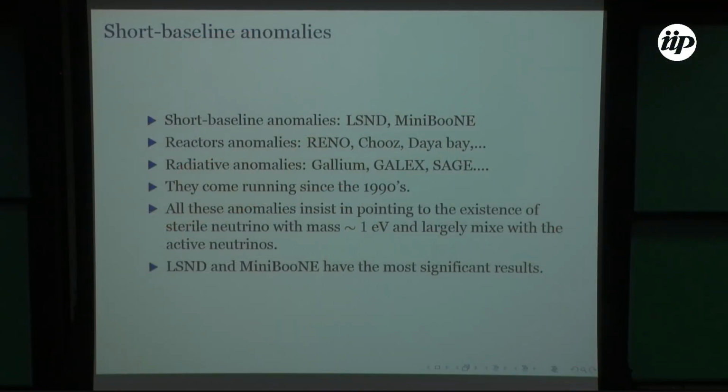At the moment, we have a great challenge in particle physics from the results of short baseline neutrino experiments. Two experiments say that a sterile neutrino may exist with mass around the eV scale.